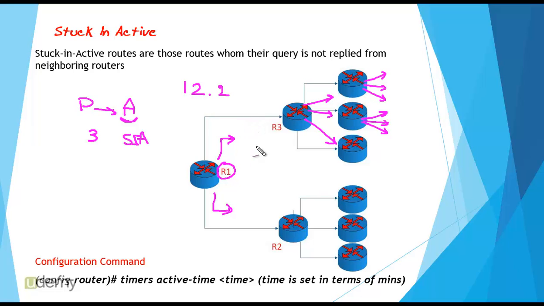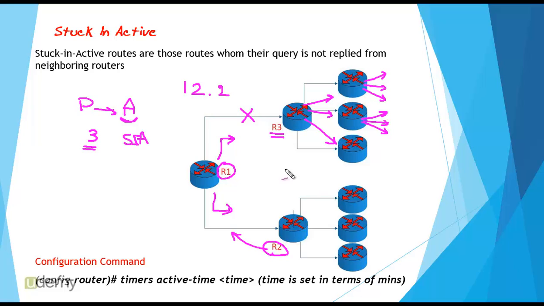For example, if router 1 answers the query and says, sorry, I couldn't guide you to this network, but router 3 does not reply, router 1 thinks that router 3 is not a good neighbor and breaks down the neighborship with router 3. It is an aggressive action, but routers with IOS before 12.2 do this.